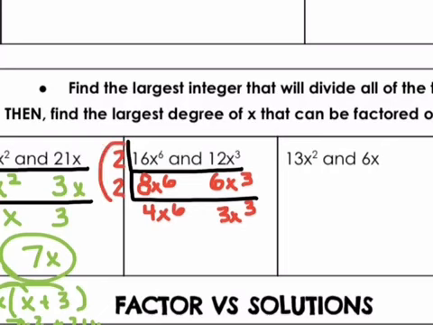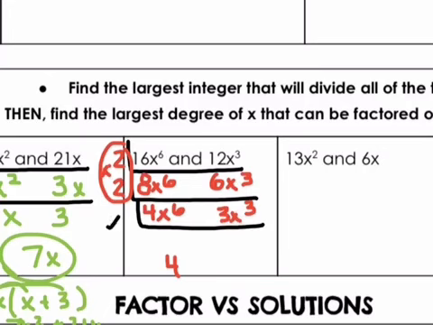So our GCF is going to be 2 times 2, which is 4. And then we need to look at our variables. So the first one has x to the 6th, and this second term has x to the 3rd. So they at least have 3 in common.